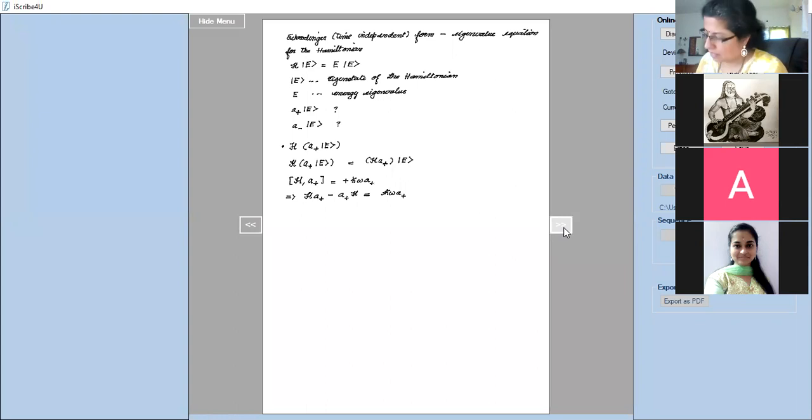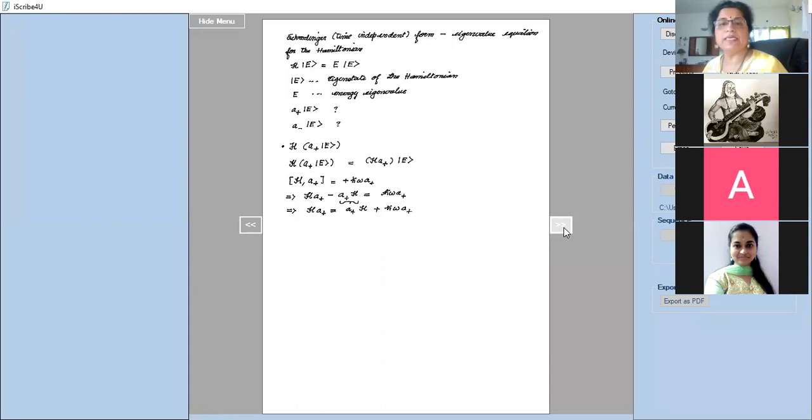Correct? So this implies that your H A plus is equal to, sorry, I'm going to take this term which is on the LHS to the RHS, the right hand side. So what will I have now? I'll have A plus H plus H cross omega A plus.